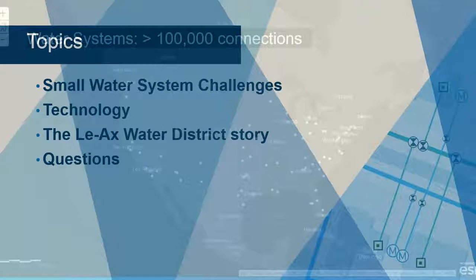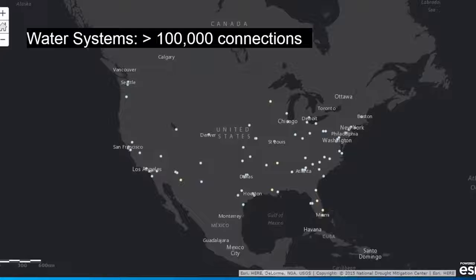So what I want to start off with is just the water systems out there. When Esri gets involved with lots of water utilities across the U.S., of course we work with the major water systems out there. And here's a map of the permitted water systems that have more than 100,000 connections.